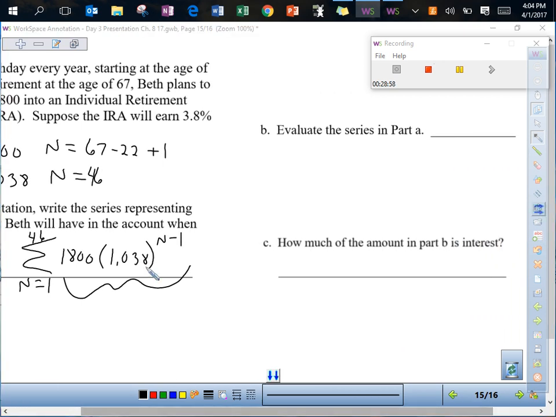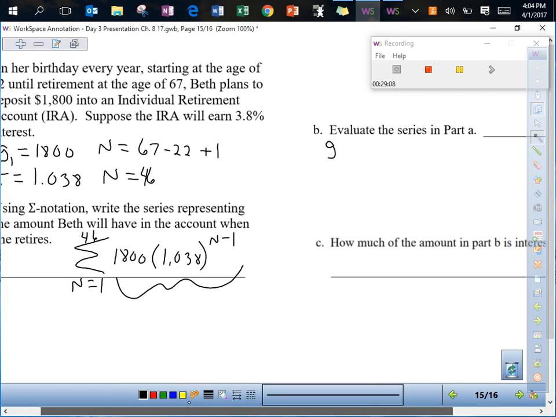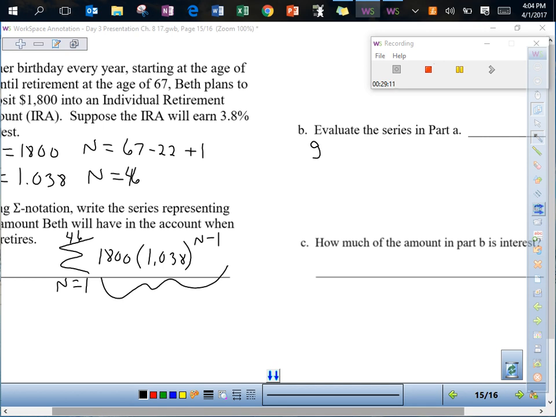Now, if you run this through your calculator, it's going to look like this. G sub 1 is still your 1,800. Your R value is your 1.038.